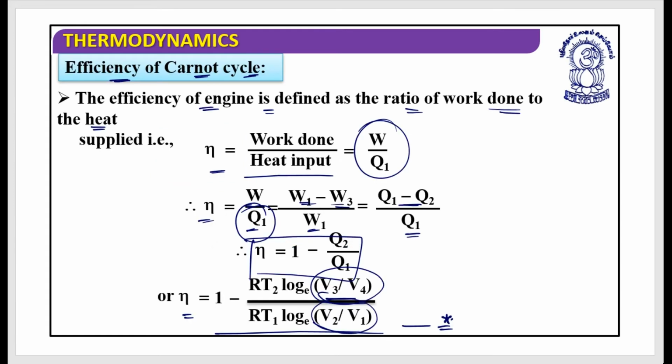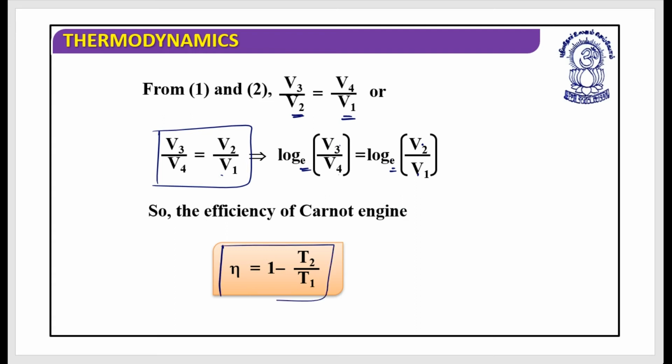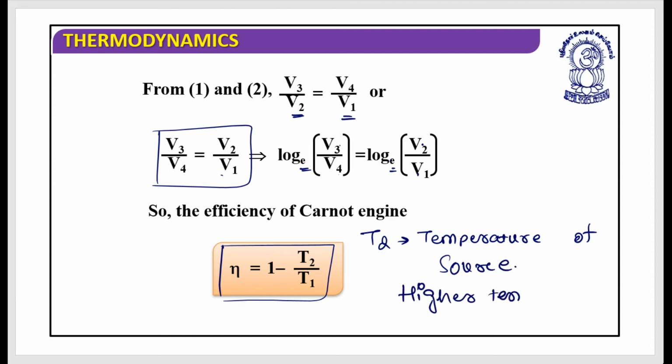So from this, log V3 by V4 to the base e and log V2 by V1 to the base e would be cancelled out, and finally I am having this: efficiency is equal to 1 minus T2 by T1, where T1 is the temperature of source, or I should say it's a higher temperature, and T2 would be the temperature of sink, or I should say it's a low temperature.